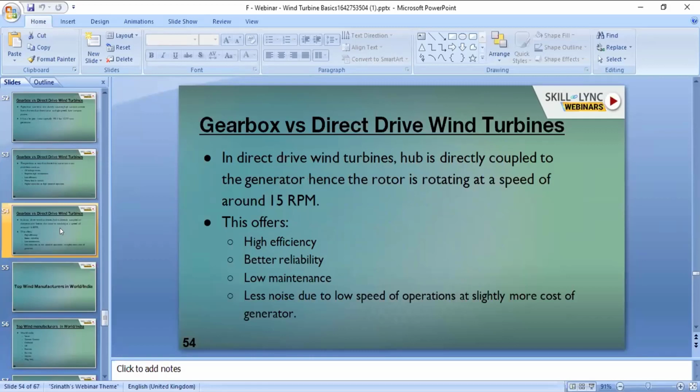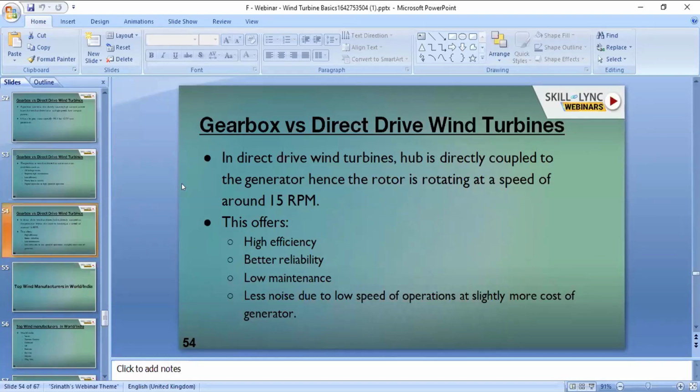In the direct drive machines, the hub is directly coupled to the generator, hence the rotor is rotating at around 15 RPM. Of course, it offers the following good things. It has better efficiency, better reliability, and low maintenance. It will also have low noise due to the low speed of operation.